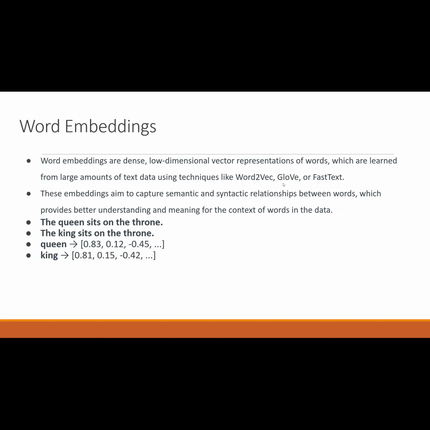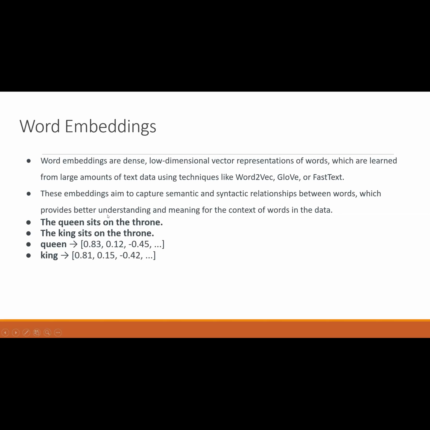So we move to other higher dimensional word embedding models, such as the global vector model, shortly known as GloVe, and fastText. Mainly these kinds of word embedding models are used in NLP models.